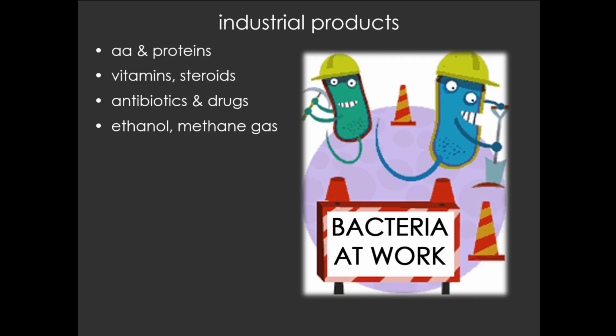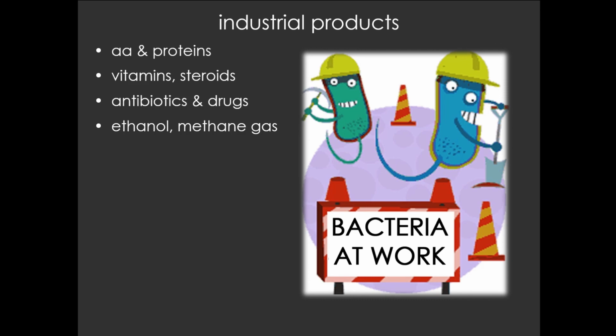Now, as I mentioned, the industrial products, deep tank fermentation and other things are so varied that it really would be difficult to mention all of them. But just for instance, amino acids are produced, proteins are produced, vitamins, steroids, antibiotics, as we just saw, drugs, ethanol, as we just saw, methane gas, all sorts of different things.